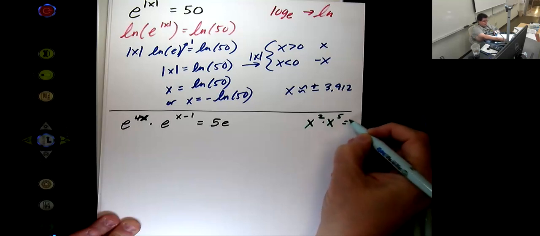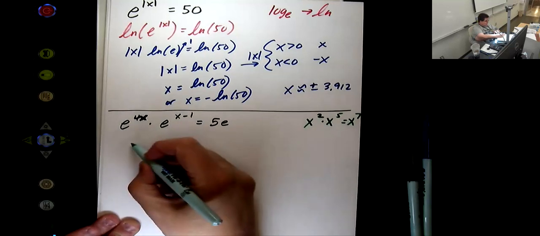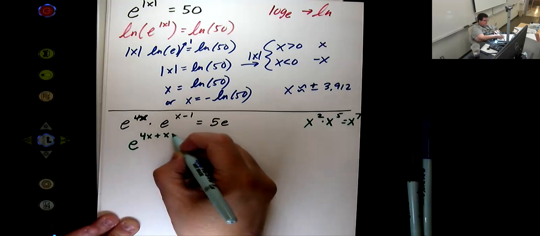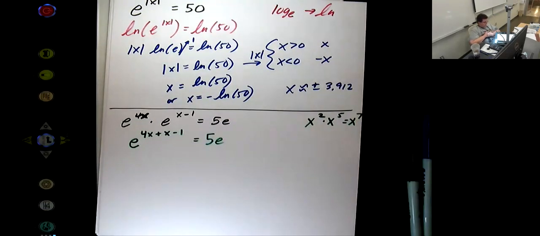We would add them, we would have x to the 7th, right? Mm-hmm. So we're going to do that here. We're going to add these exponents. We have a different base, we have e now, but the exponent rules still work the same.